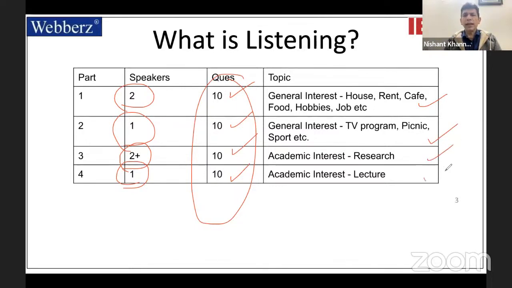The next 2 are slightly tougher with academic questions. The first 2 are very generic, like house, cafe, food, hobbies, job, TV program, picnic, sports, etc. But the third and fourth sections are based on research and a lecture.